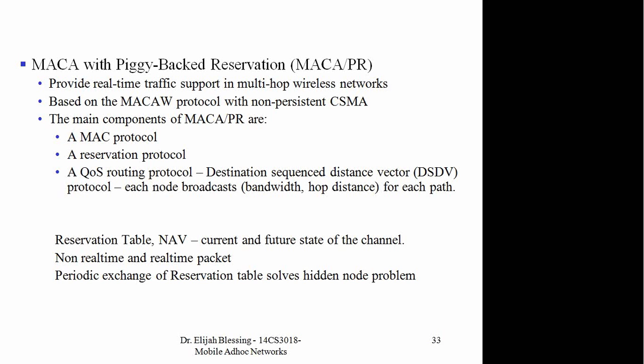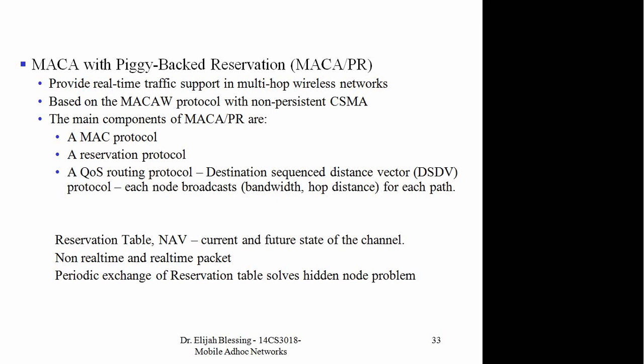So we will have to do a periodic exchange of the reservation table, and that solves the hidden node problem, because now you are indirectly telling which nodes are available and who is using which slot or cycle, and so on. Therefore it solves the hidden node problem.